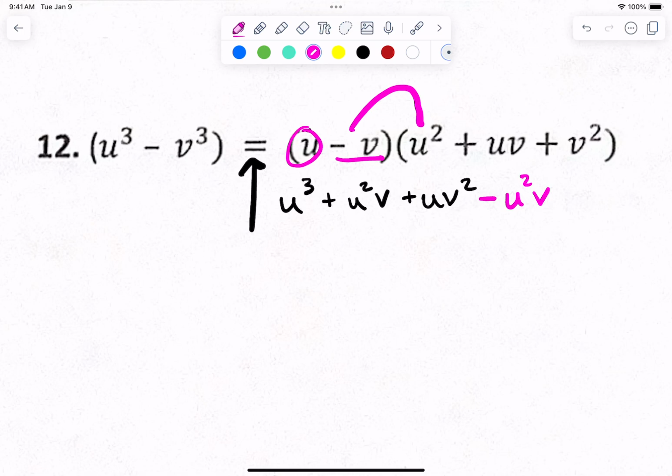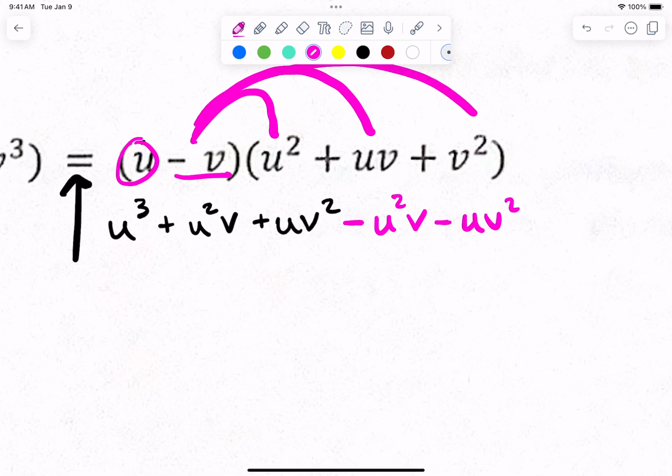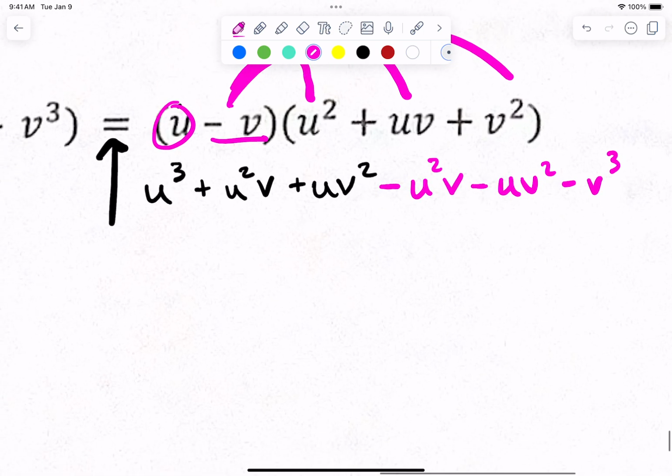Then I take negative v times uv, which is negative uv squared. Then I take negative v times v squared, which is negative v cubed. I don't like the u's and the v's. I should have picked different variables.